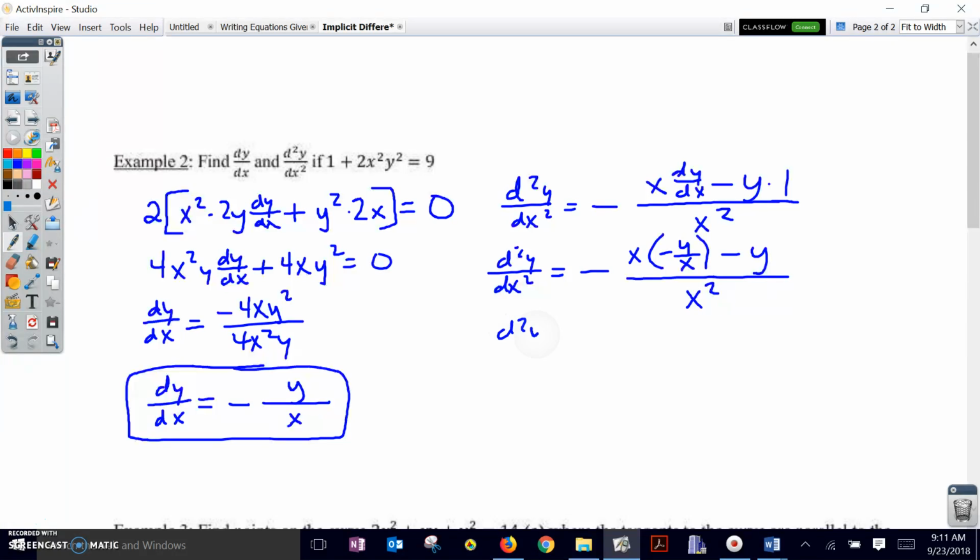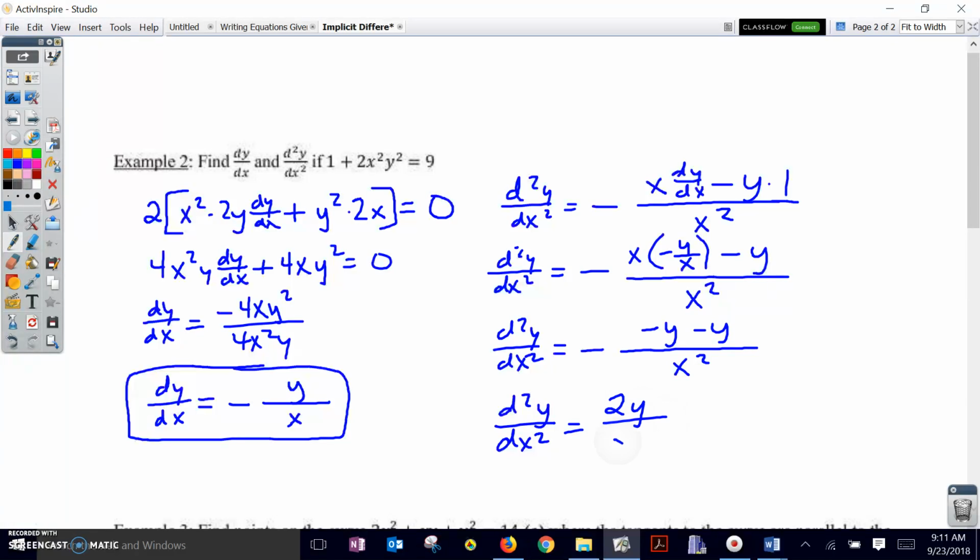And this turns into negative y minus y over x squared. Simplifying the whole fraction, we end up with our second derivative being equal to 2y over x squared. We've got a negative 2y in the numerator, and I just bring that negative sign from in front of the fraction. And there's my second derivative.